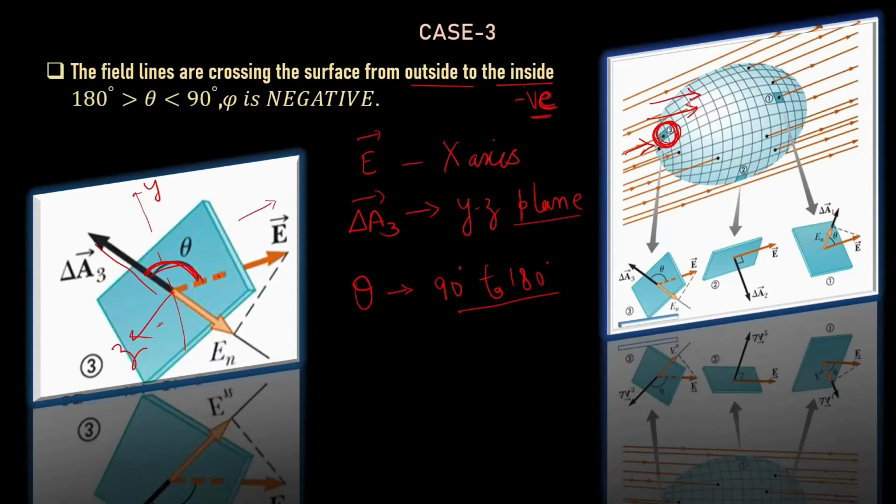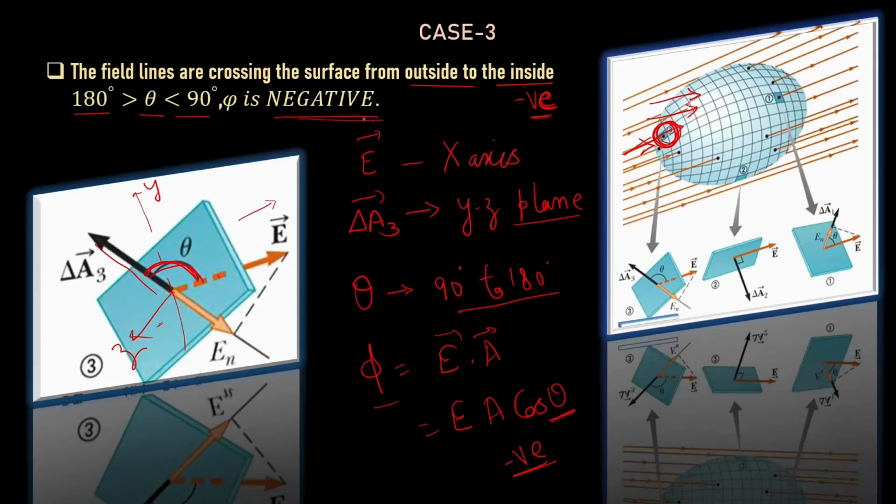So whenever the field lines are entering the surface, that is, traveling from outside to inside, if we go for the flux formula, it again becomes E dot A, that is E A cos theta, and for an obtuse angle theta, that is for values of theta between 90 and 180 degrees, cos theta is always negative. That is, the flux associated will become negative.